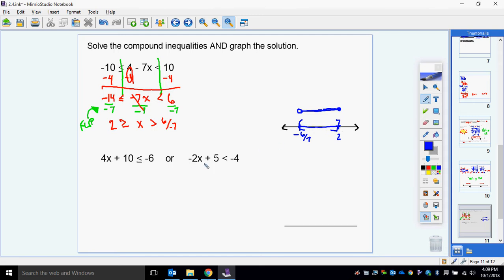Now we have an OR. This OR problem, remember we treat separately. So if I'm going to solve for x, I need to subtract the 10 and then divide by 4. And we're dividing by a positive number, so that doesn't flip our inequality symbol.